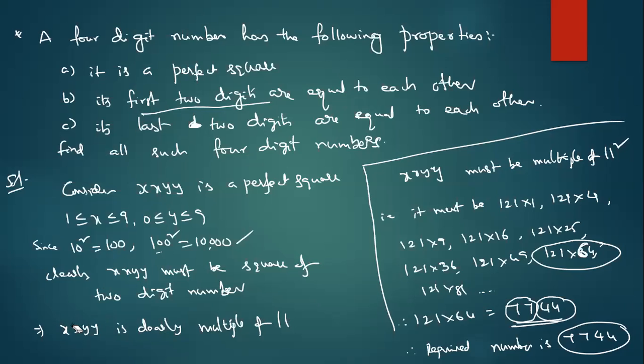Sum of the digits in even places minus sum of the digits in odd places. Find the difference. The difference means biggest number minus smallest number. Yes, sir, we can verify that one for sure.